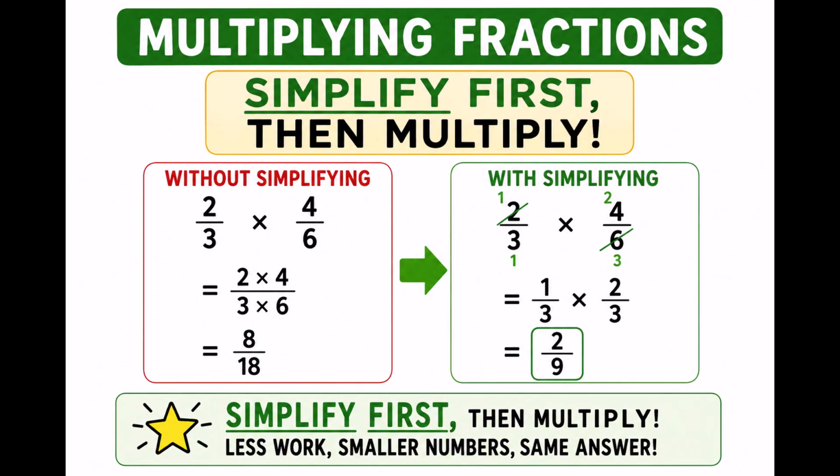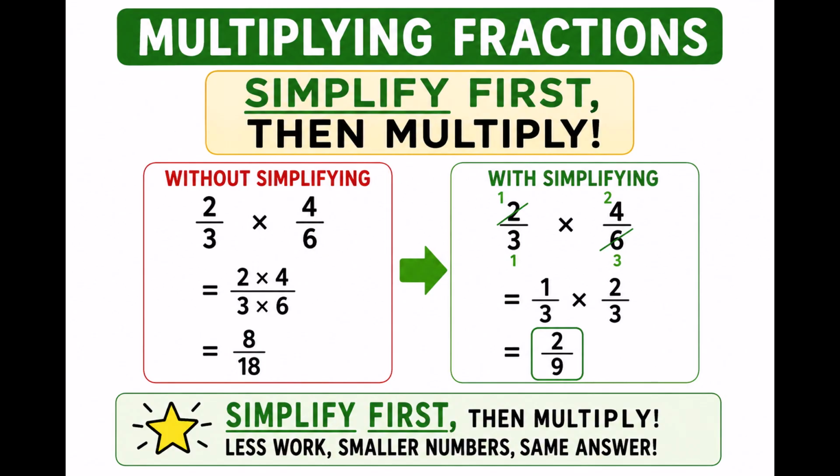So now let's look at the easier way, for people who have been taught it the way I'm about to teach you. Before multiplying, we look for the numbers that can be simplified across the fractions. The 2 on the top and the 6 on the bottom can both be divided by 2.